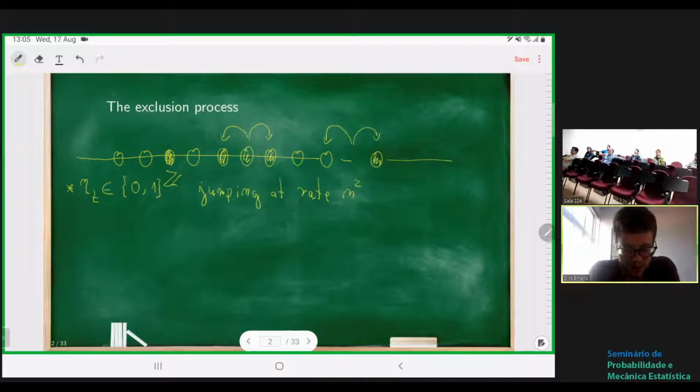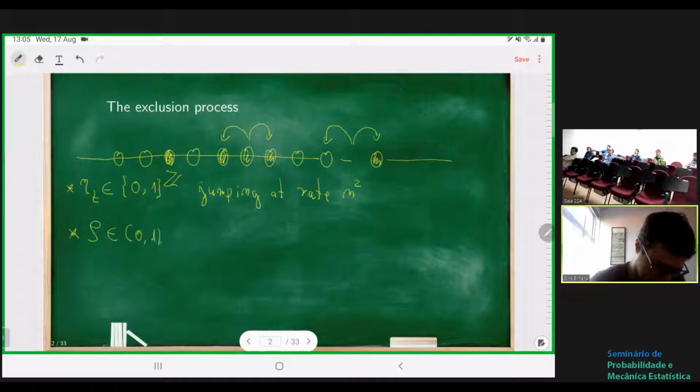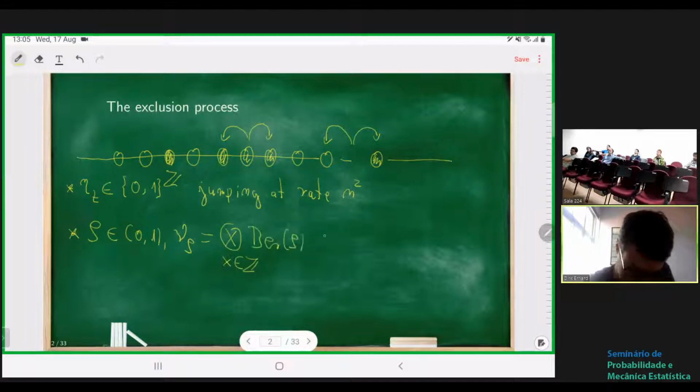What is known about this process, we know pretty well: its invariant reversible measures. It turns out that if you fix some parameter rho strictly between 0 and 1, then the measure nu_rho, which is the product Bernoulli measure with density rho everywhere, is invariant for the process. These are all the invariant measures.